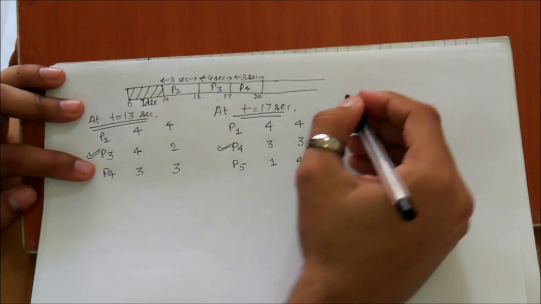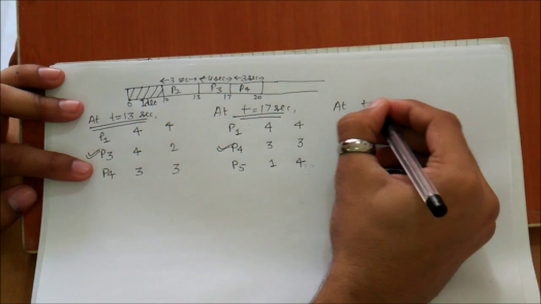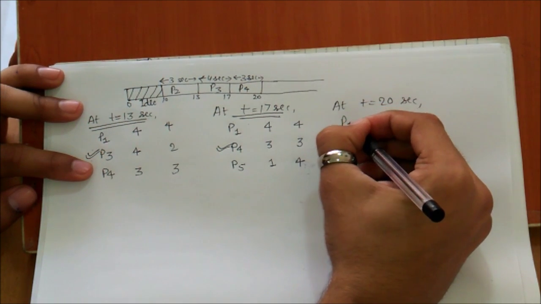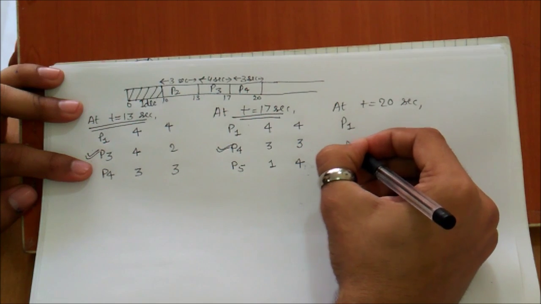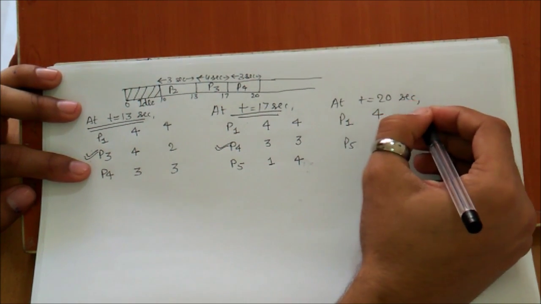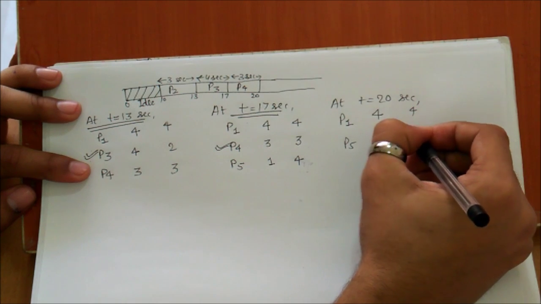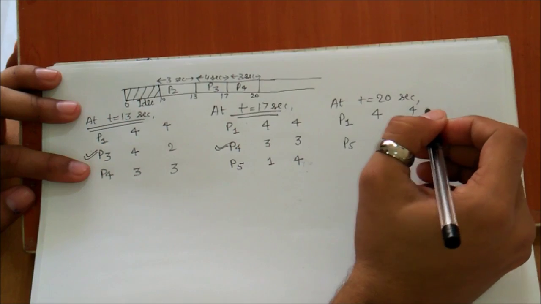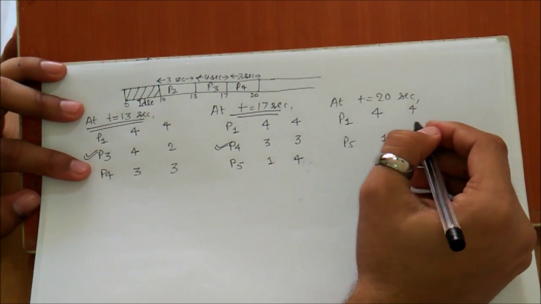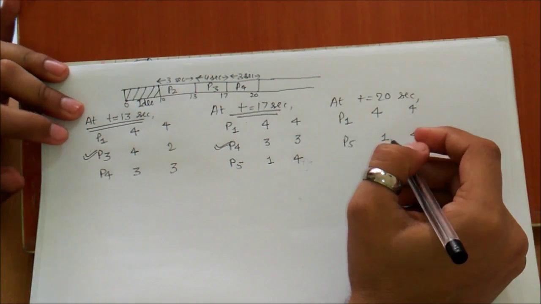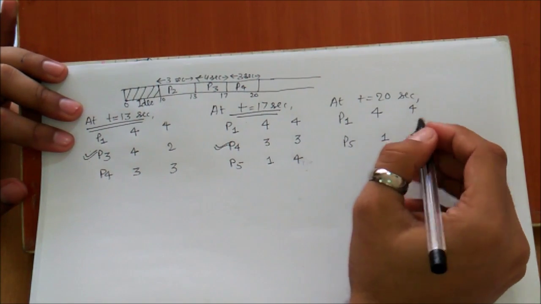Now at t equal to 20 seconds, we see that we have P1 and P5 with the burst times of 4 and 1 respectively and the priorities as 4 and 4. Now both have the same priority, so we can select either FCFS or SJF, but we have to mention it first that we are using FCFS or SJF.